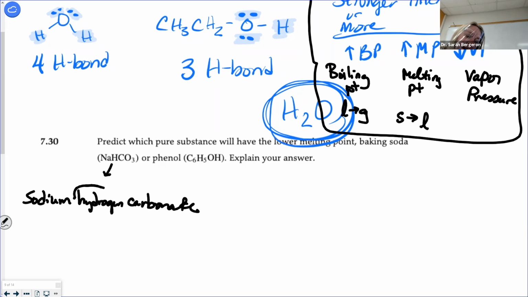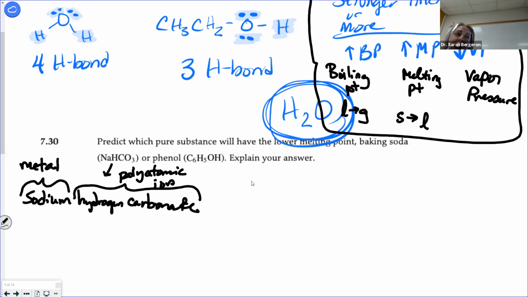But the point is that this is a polyatomic ion. And this is a what? Did you get it off the table here? No, where'd you get it? From the periodic table. What kind of an element is it? Is it a metal, a non-metal, a metalloid? It's a metal. So what do we call a compound that's a metal and a polyatomic ion?